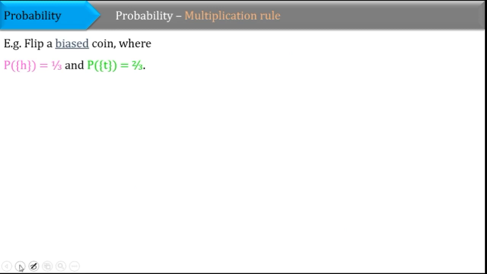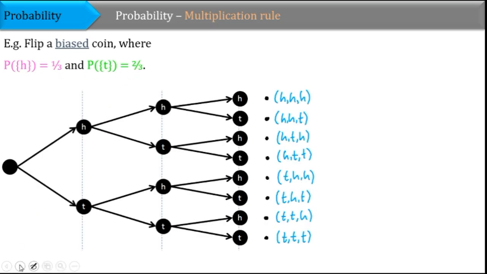Now, what about the case where we have a biased coin? Now, when we say a biased coin, it means that it's unfair. So in this case, the probability of getting a head will be 1 over 3. Getting a tail will be 2 over 3. We still have the same process. We have the 3 stages, in other words, flipping the coin 3 times.